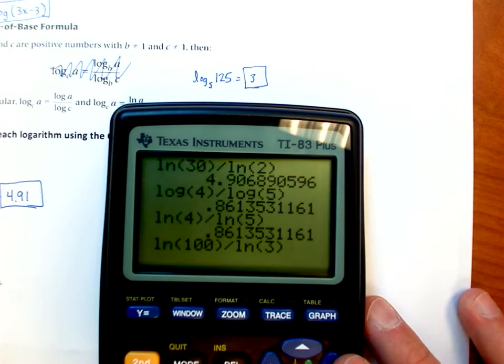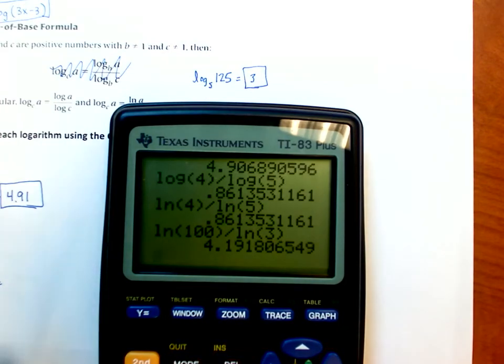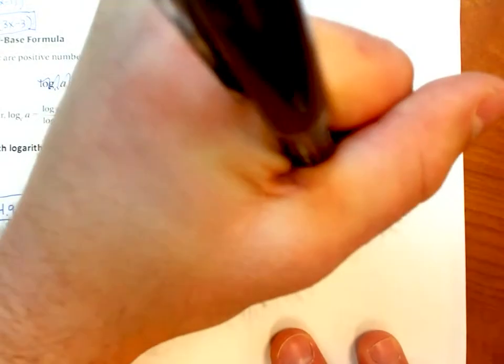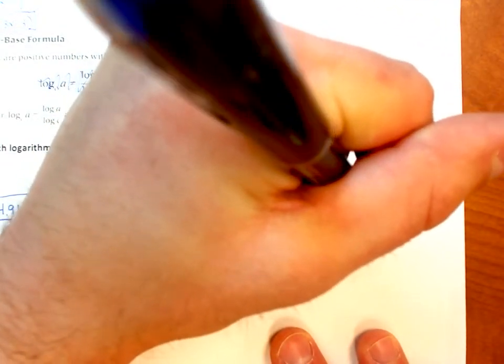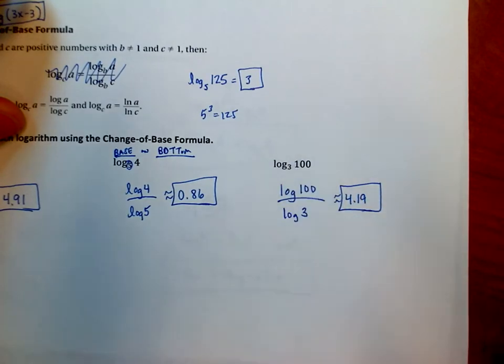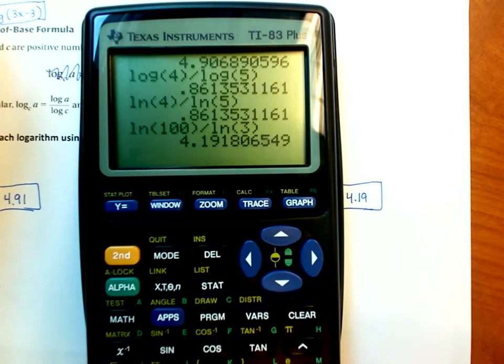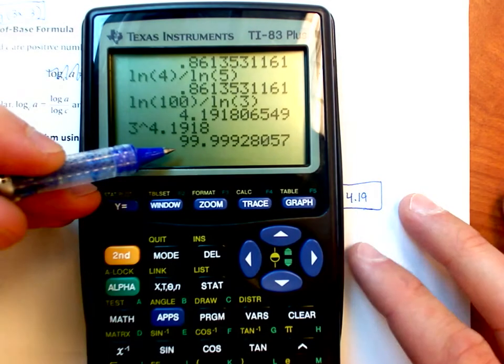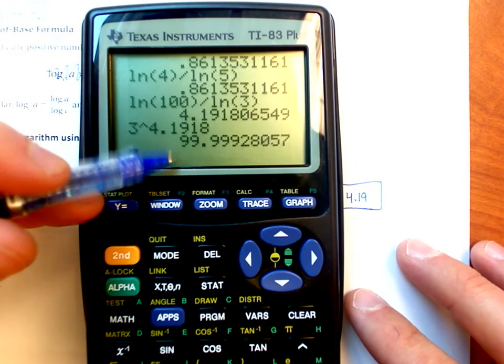Make sure to end the parentheses both times, and I get an answer of 4.191, so I can keep it as 4.19. It's about 4.19. In other words, 3 raised to the 4.19 power would give me 100. We can check it out pretty easily. 3 raised to the 4.1918 power, it's 100, right? I just had to round it.